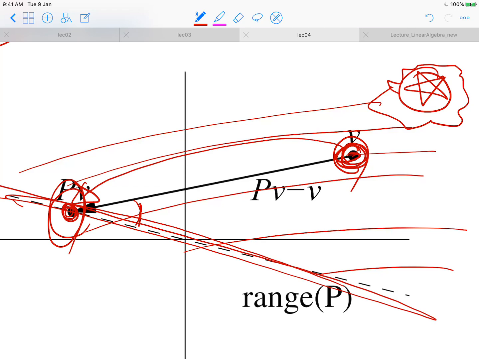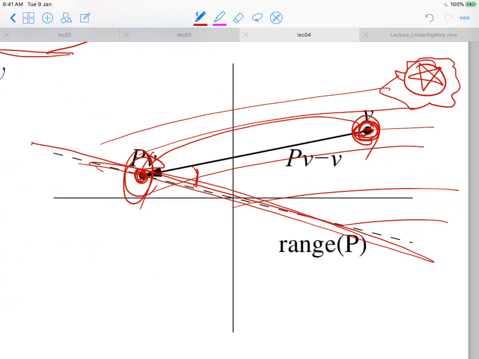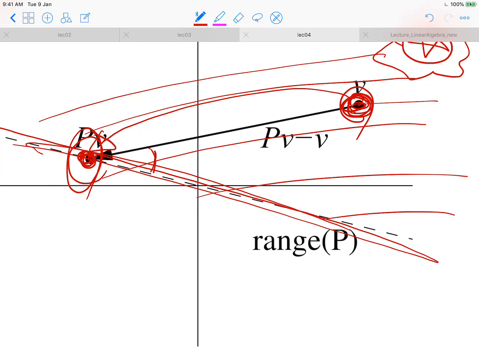But even in this case, P squared being equal to P is satisfied, because this guy is projected onto this point, which is already on this surface, and even after applying the projection once again, the point will still remain the same.